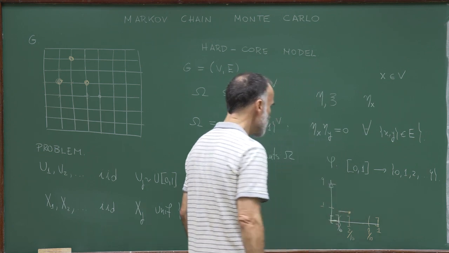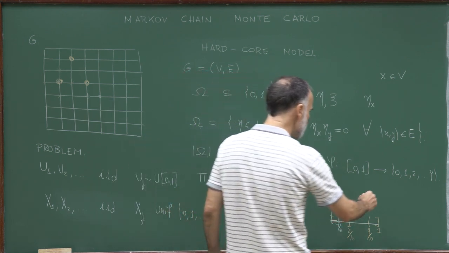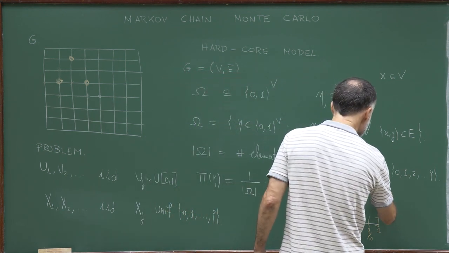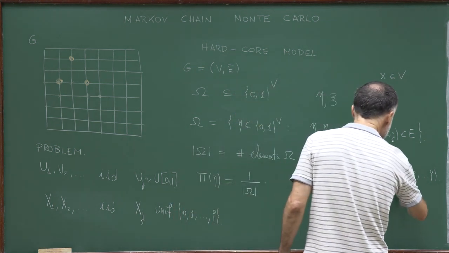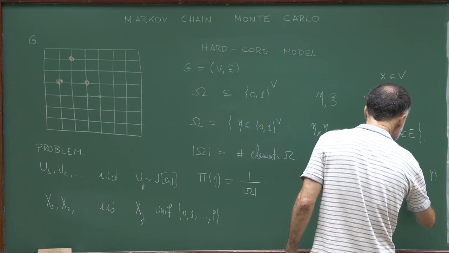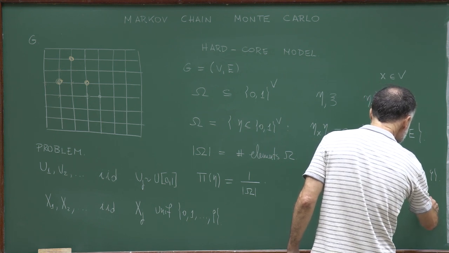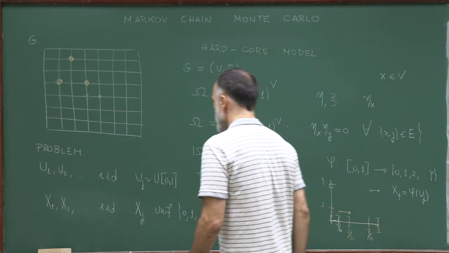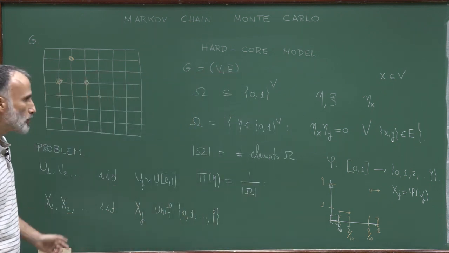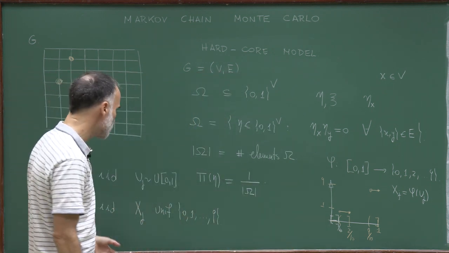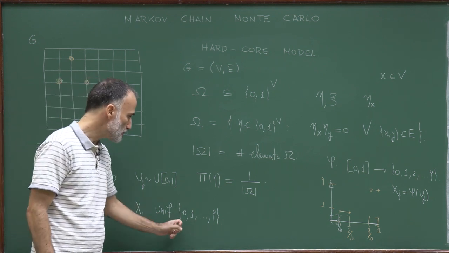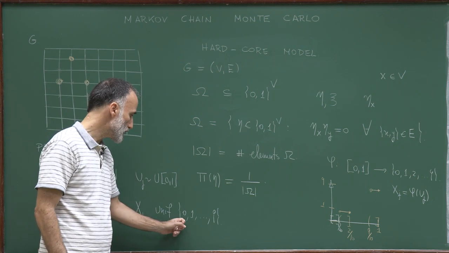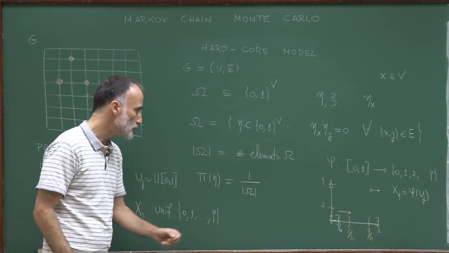This function phi will be equal to 9. And so if you define xj to be phi of uj, you have, from this sequence of IID random variables, created a new sequence which is IID and whose distribution is uniform on the points 0, 1, up to 9.